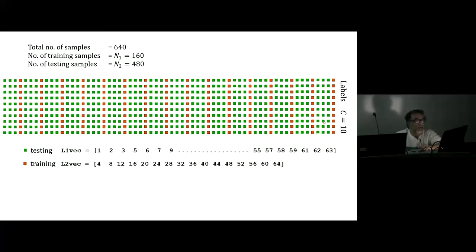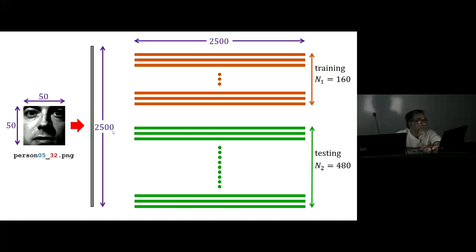So we have 10 labels. So this is a 50 by 50 matrix, each sample. We have to convert it into a vector. 50 times 50, so it's this many dimensional vector. So this is the X1, they are the training samples.